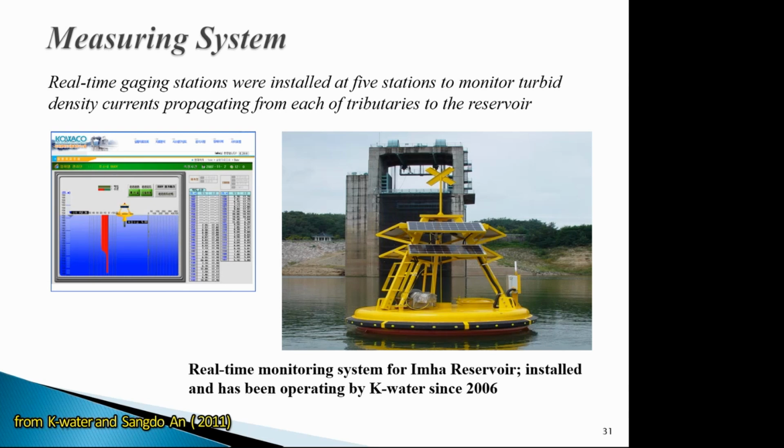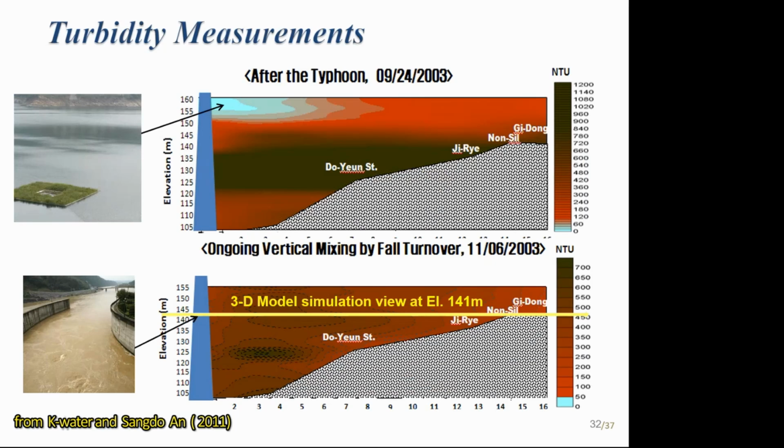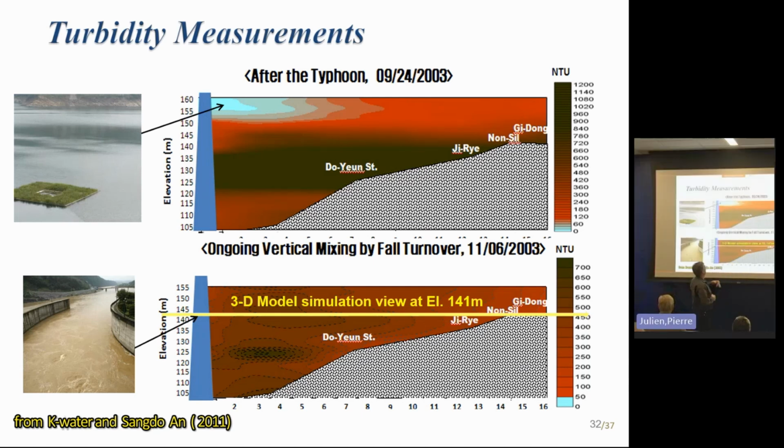So what they do, they have floating stations loaded with turbidity meters that they float around the reservoir, and they measure the turbidity everywhere as a function of time. And what you see is going to be at different times here. After the typhoon, you get typhoons, like I mentioned earlier, at elevation 135 or so, 140, you get the highest concentration, at 900 NTU, so very high values.